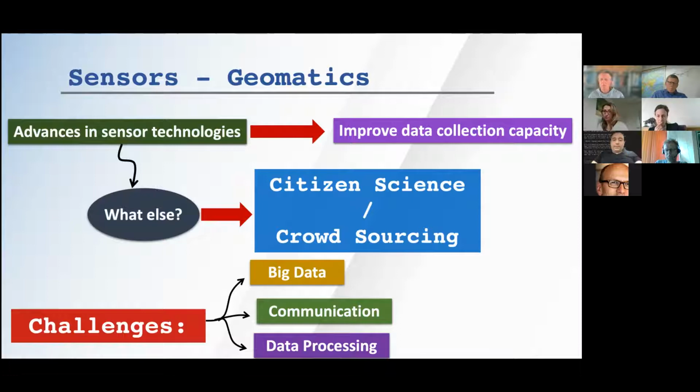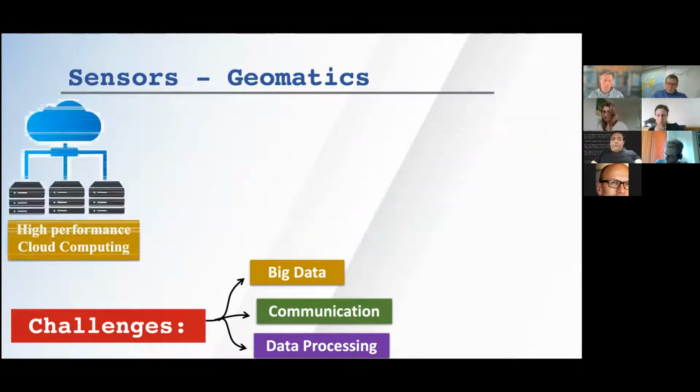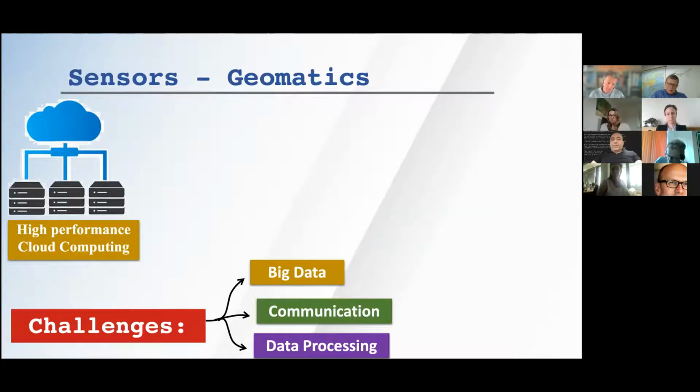So let's see what I mean. We know that, especially in the last two decades, we have a good capacity of high performance computing and cloud computing. A lot of good resources are available for any kind of computation. So that is for dealing with, processing big data.